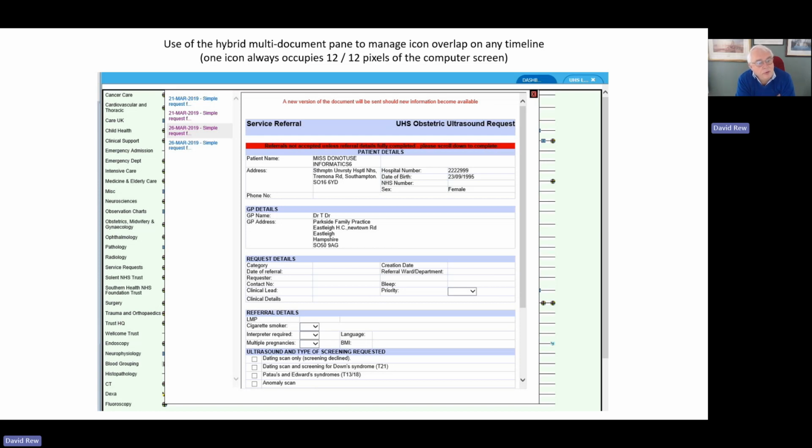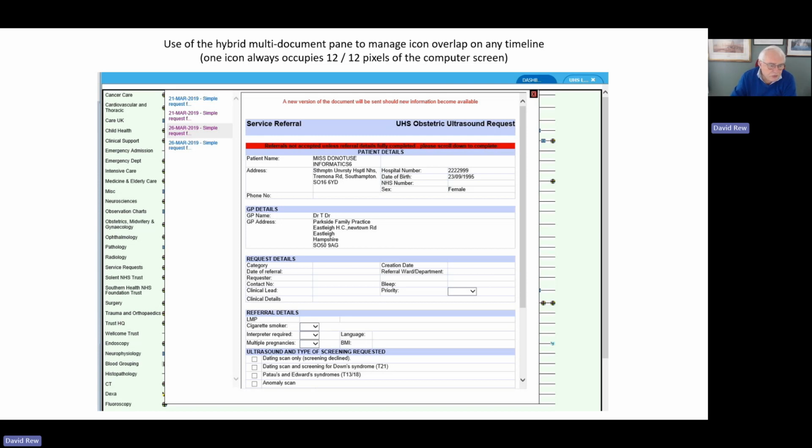Within the hybrid frame from this test case, you can see a list on the left-hand side of those documents which relate to that time point, and then the document itself can be displayed by clicking on any of those documents. So it's a hybrid solution, but it works very well for us.